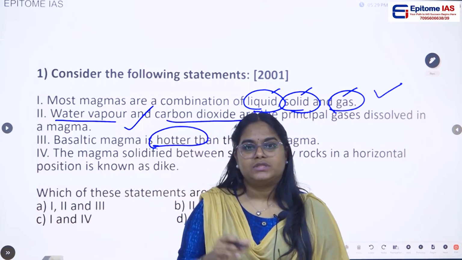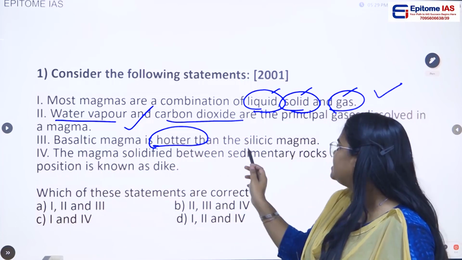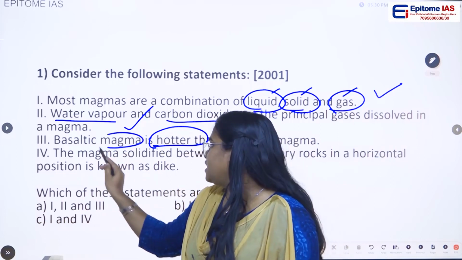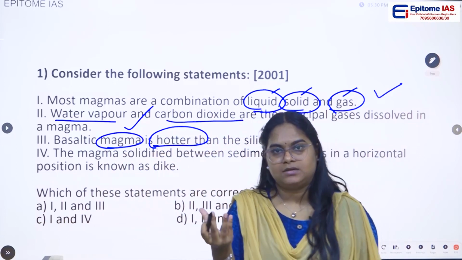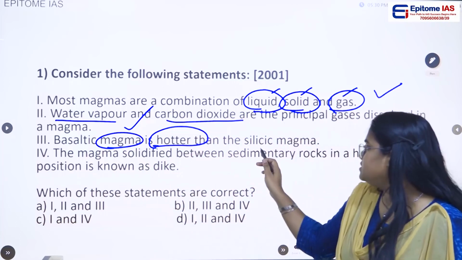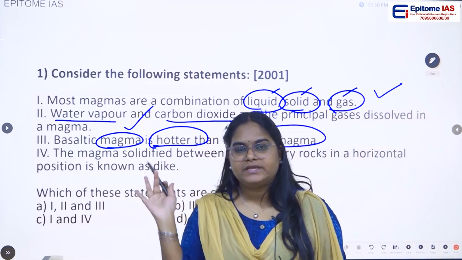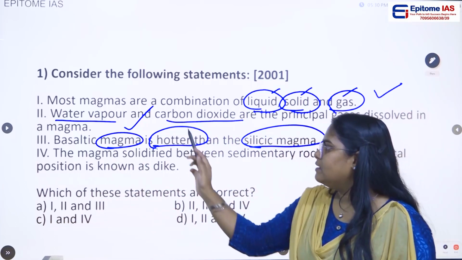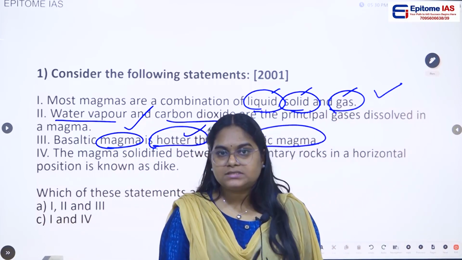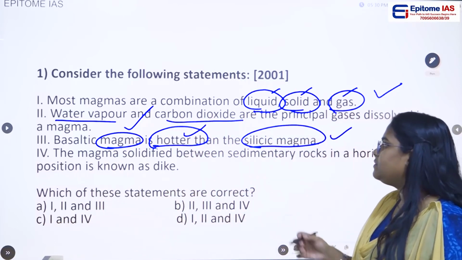These are also called basaltic magma and silicic magma, because the basaltic magma contains more basalt rocks, but the silicic magma contains more silica. That is the difference. So what they are saying in this statement is that basaltic magma is hotter than the silicic magma. Is it true? Yes, basaltic magma is comparatively hotter than the silicic magma.